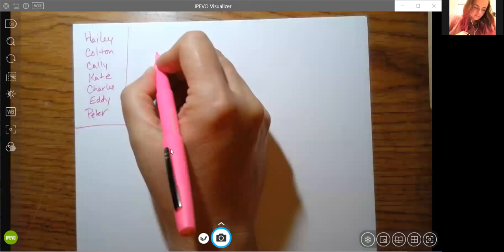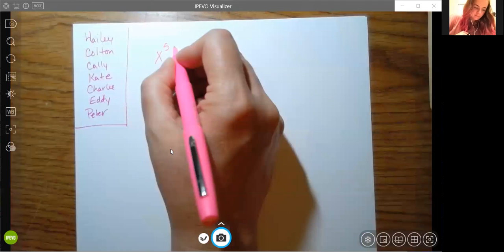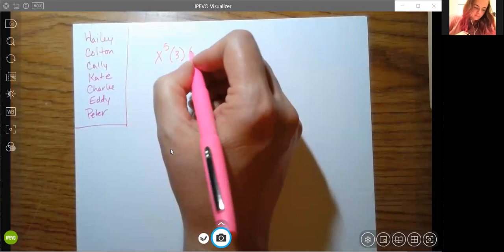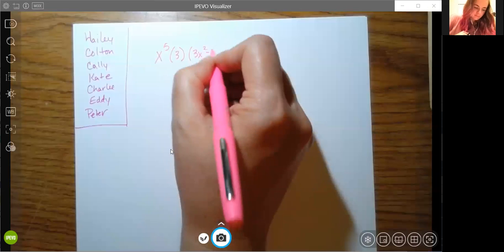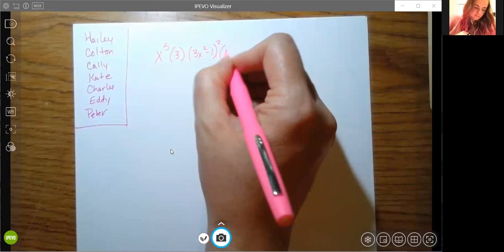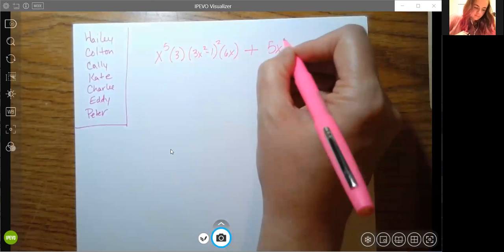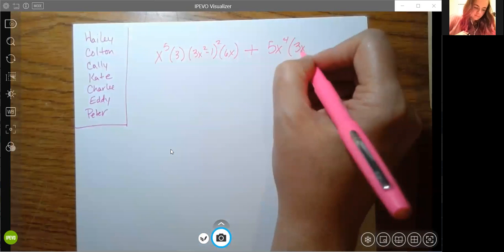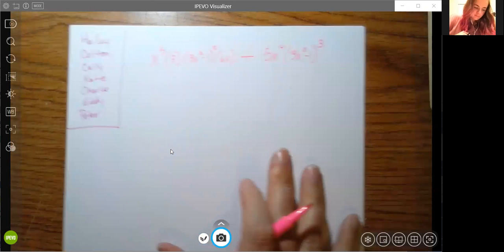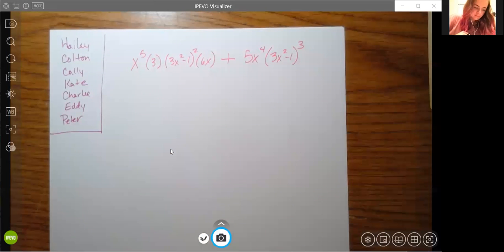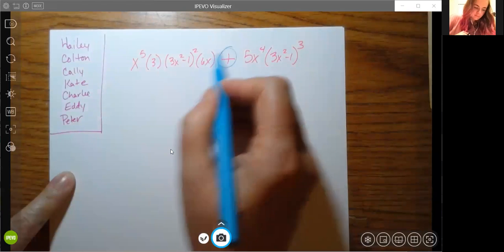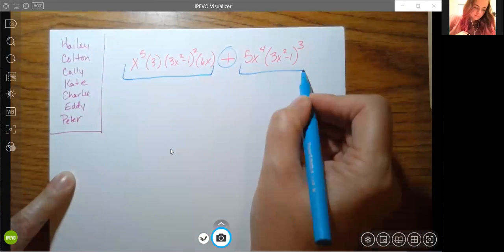No. Yeah, that was from a derivative right there. That was a first derivative, and here's a second derivative. Okay, do you see where the two groups are? Yes. Plus, here's the groups.